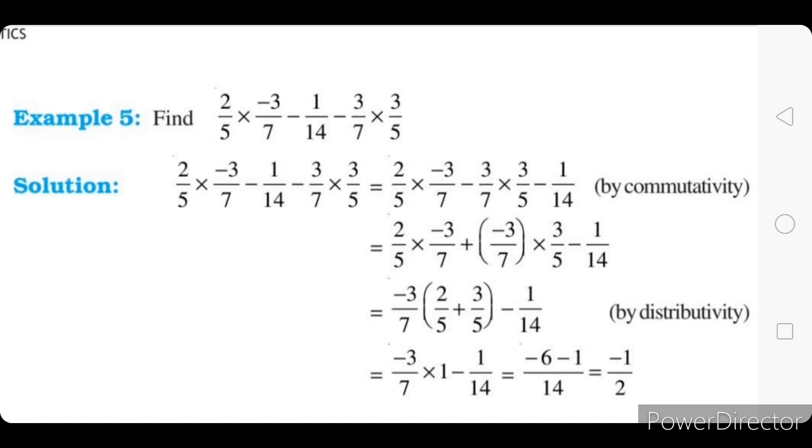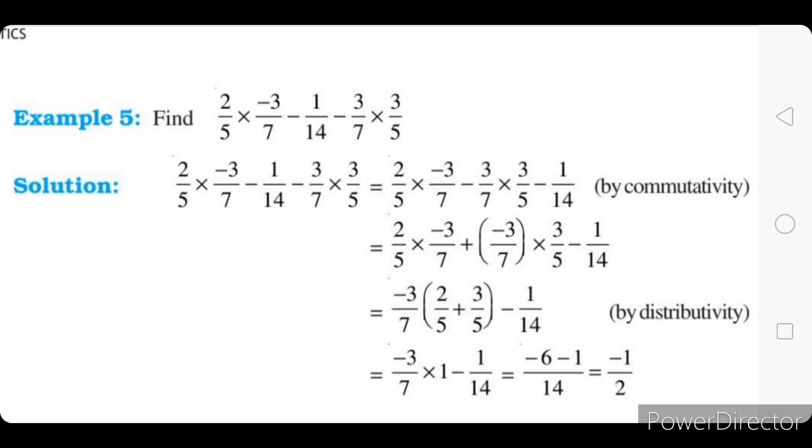Students, by using the commutative property, you can write it as you want, because you know that rational numbers are commutative under addition. So we will just shift their places. You can see here that 3 upon 5 into 3 upon 7 is there, and 2 upon 5 into minus 3 upon 7 is there.